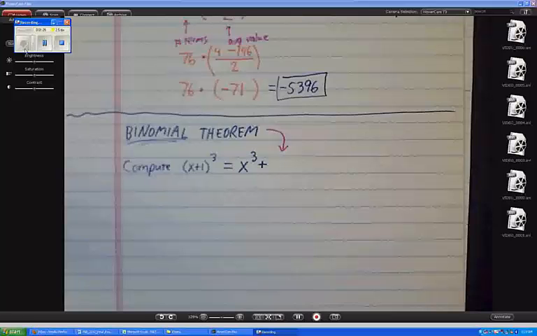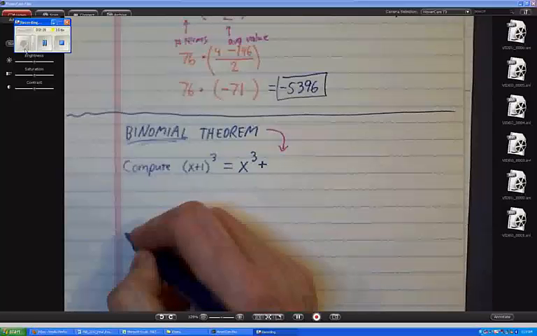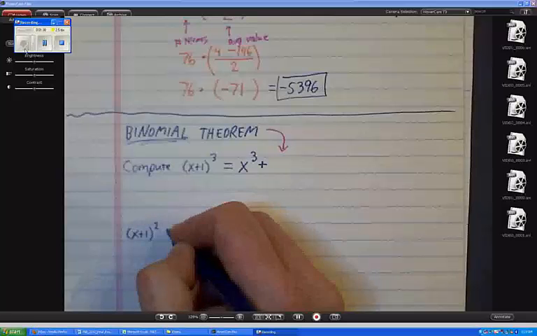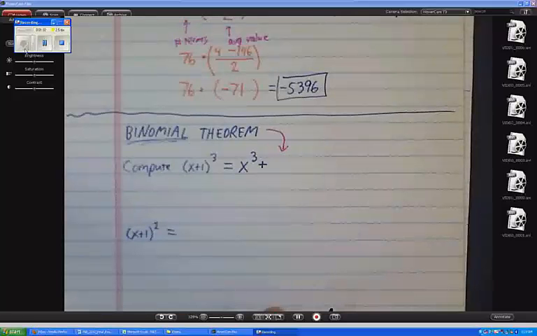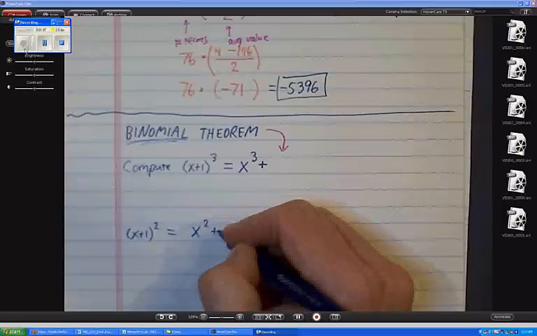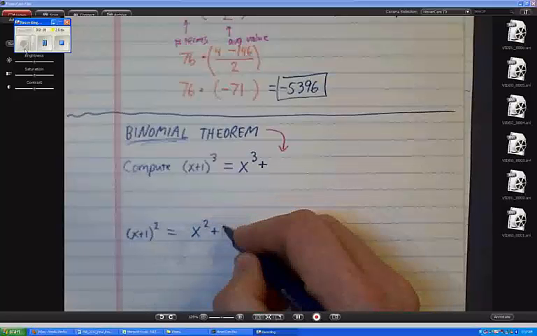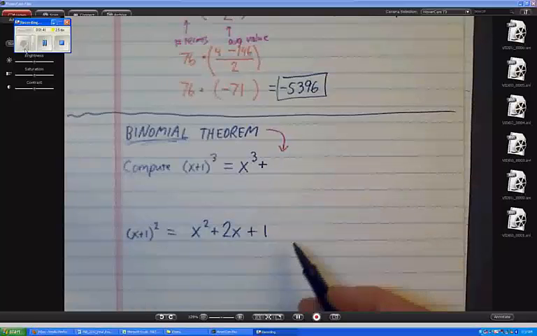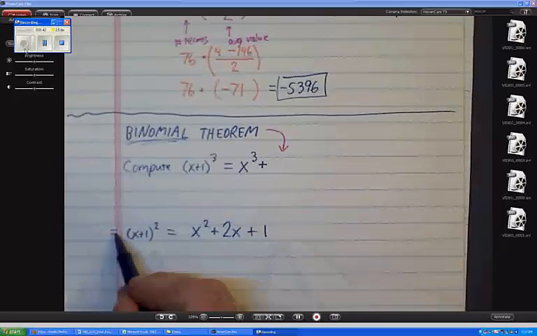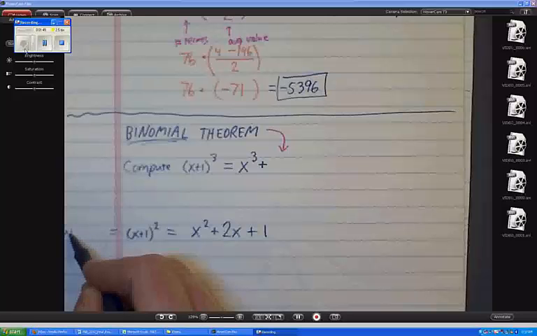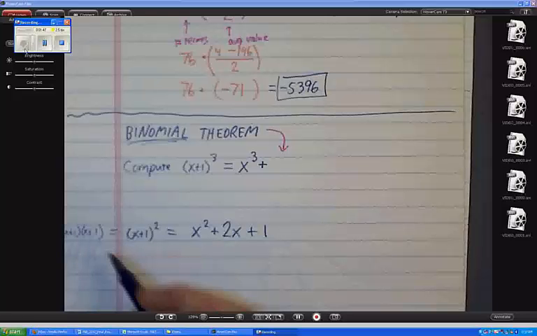Because I understand things like this. X plus 1 squared. Do you guys have memorized what that one is? X squared plus 2x plus 1. And again, because it's x plus 1 times x plus 1. Right?